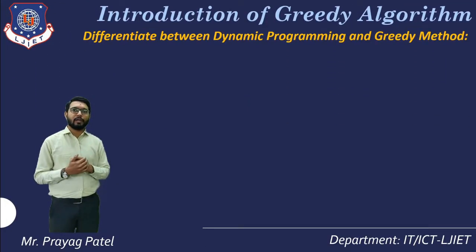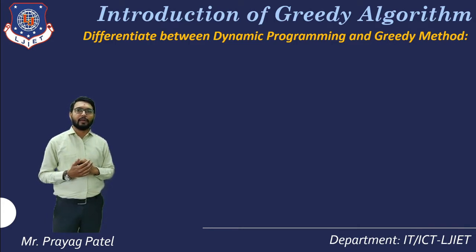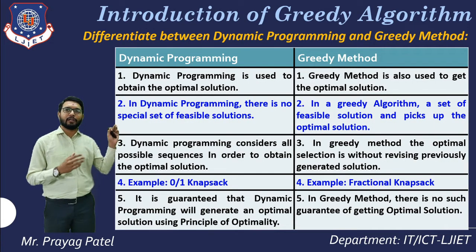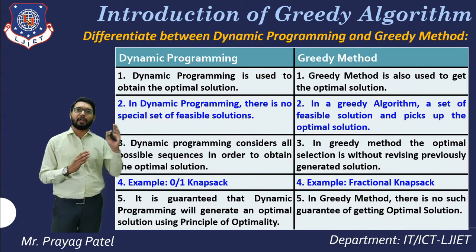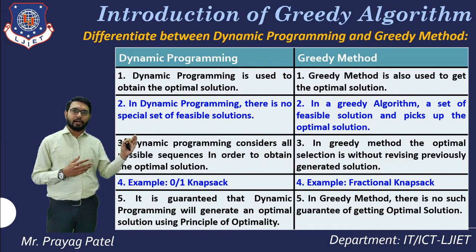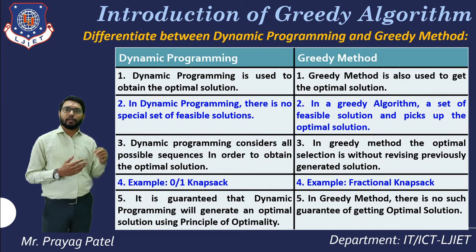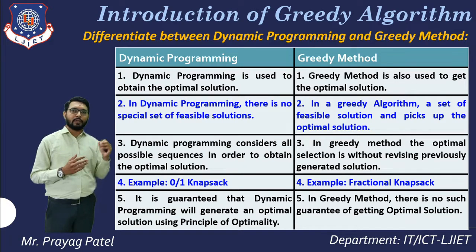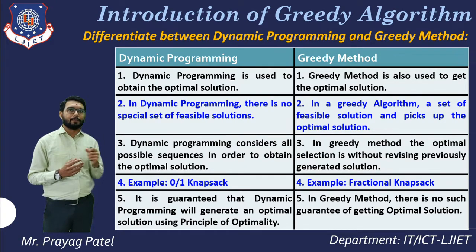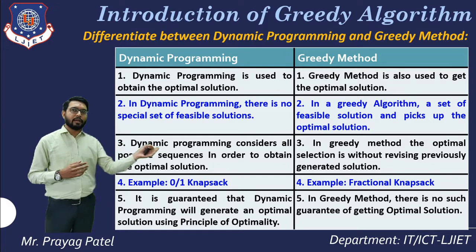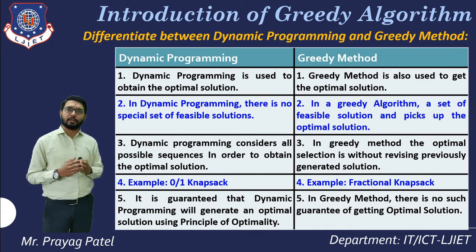Now the difference between dynamic programming and the greedy method. Consider the table of differences between dynamic programming and the greedy method. We already studied dynamic programming in our previous chapter, and in this chapter we study the greedy method. So the first difference: dynamic programming is used to obtain the optimal solution, and the greedy method is also used to find the optimal solution.